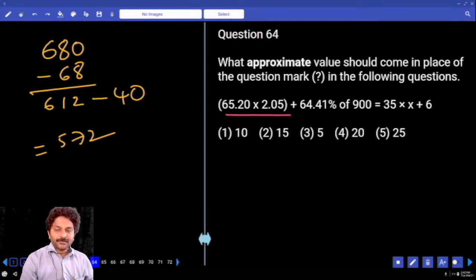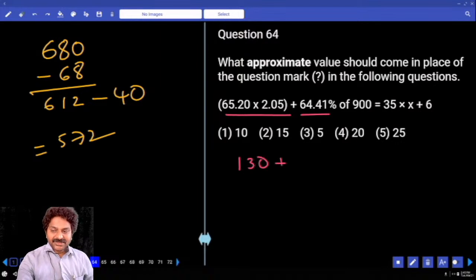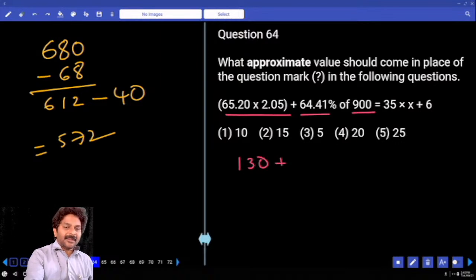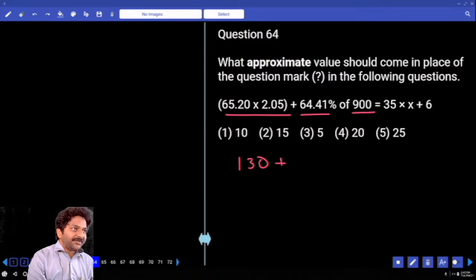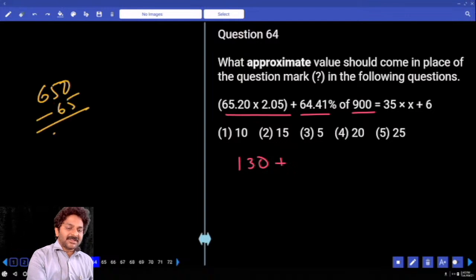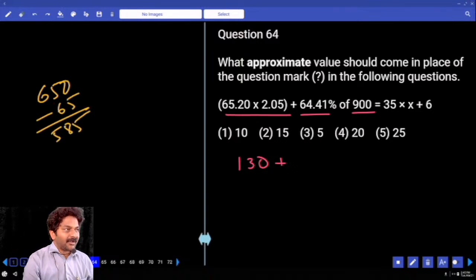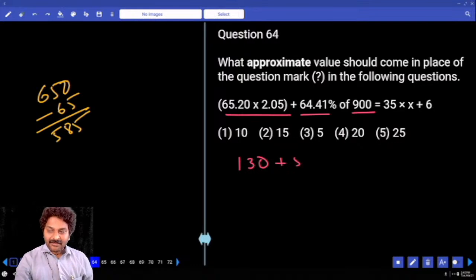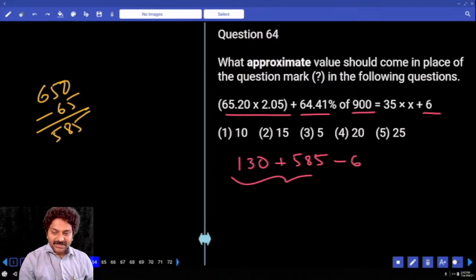65 into 2, 130 plus 65% of 900. Can I take 900% of 65? 9 times of 65? 65 10 times minus 1 time. Answer 585. Got it? Plus 585. Plus 6 comes to left hand side. Minus 6. What is this number?